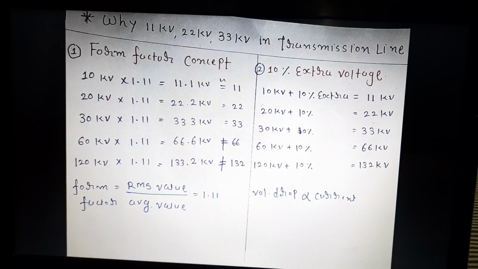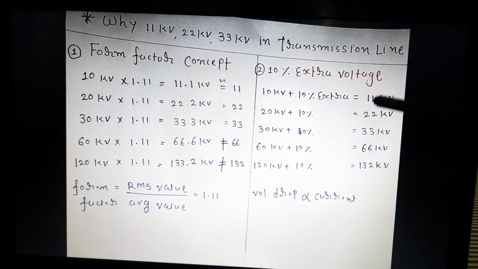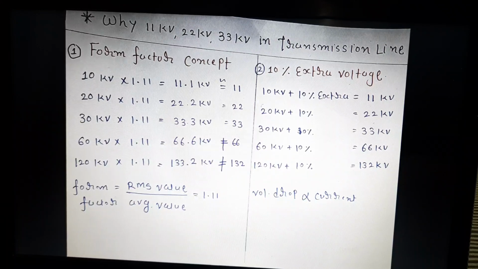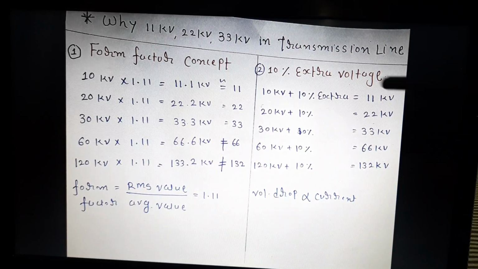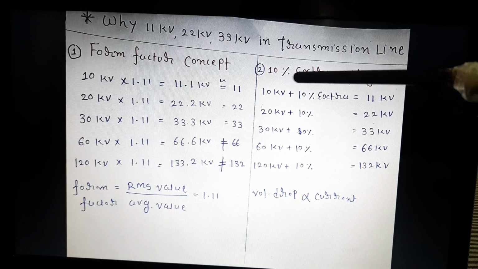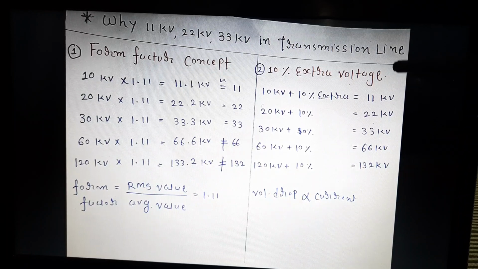So how do the 11, 22, 33, 66 and 132 kV voltage levels come into the picture? The reason behind this is the transmission line voltage drop. Look at this. Here the expert has assumed that we have to supply 10% extra voltage.